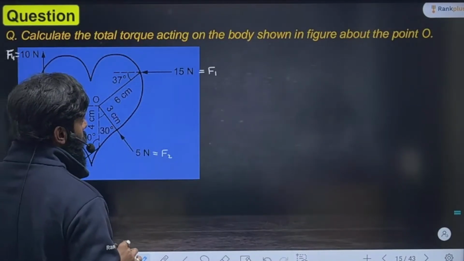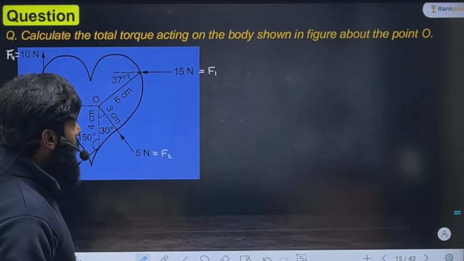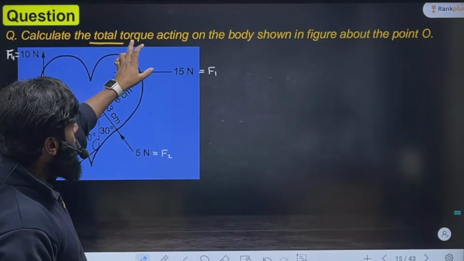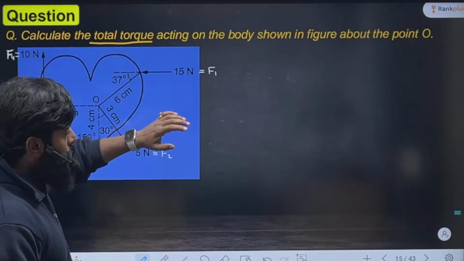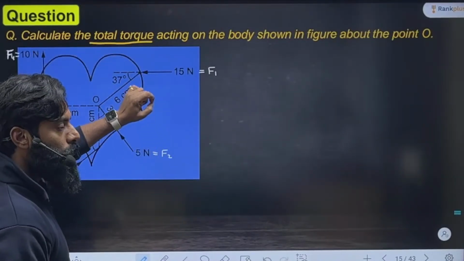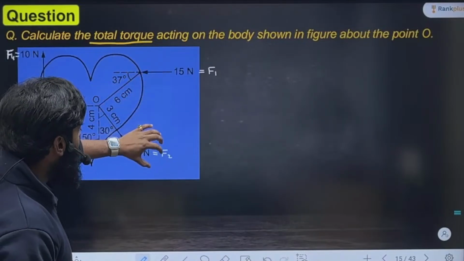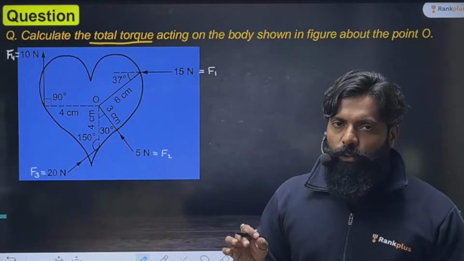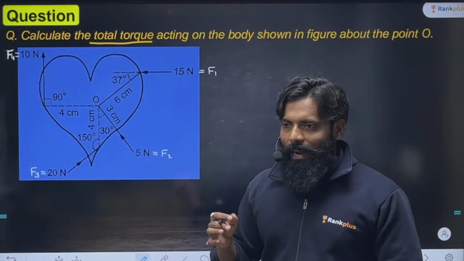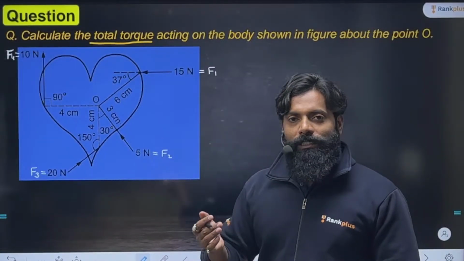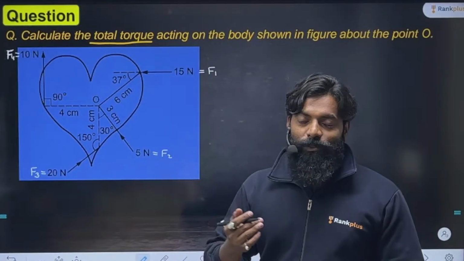There are 4 forces acting on this, and you have to find out the total torque. Before getting the total torque, you have to get the torque due to all these individual forces. Once you are done with the individual torques, add them up if they are supporting each other, and subtract them if they are not supporting each other.